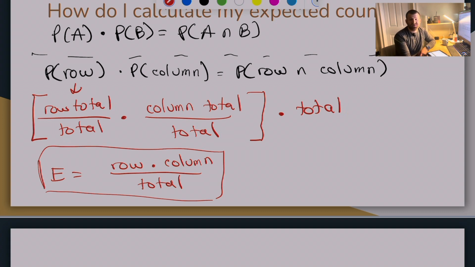But oftentimes on multiple choice questions, it'll say, what is the correct formula for the expected counts? And so, knowing this, as opposed to having to do the test on your calculator and then see which formula matches up to give you the right number, if you remember this, life is easy and life is good.